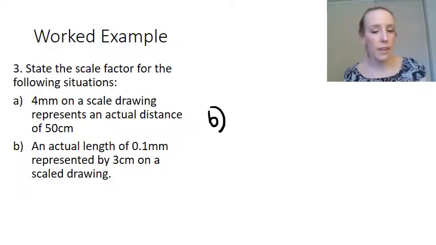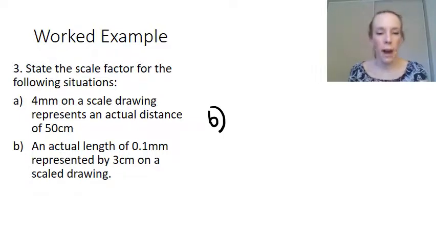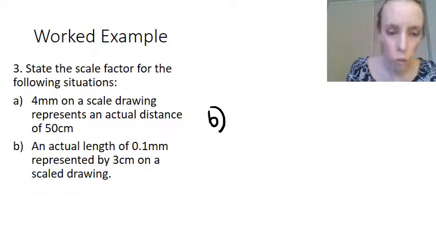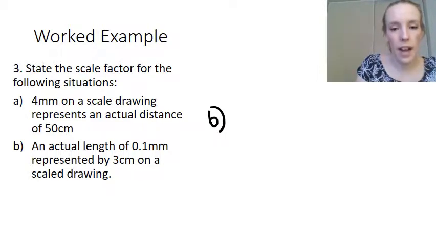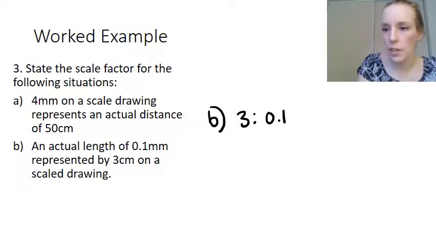So an actual length of 0.1 millimeters represented by 3 centimeters on a scaled drawing. Okay, so our scale drawing is going to be 0.1. Oh, I forgot my units, clear that.